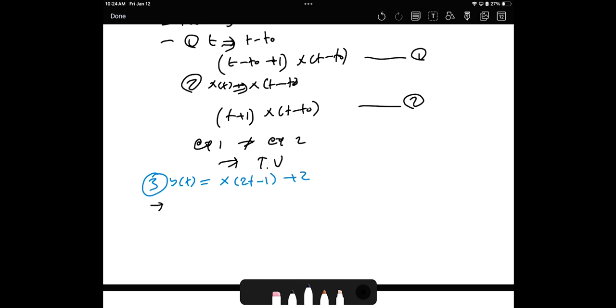Let's substitute, for example, y of 3. Y of 3 will be x of 2 times 3, 6, minus 1, 5. X of 5 plus 2. So y of 3 depends on x of 5, so it depends on the future. Therefore, of course, it's going to be non-causal.